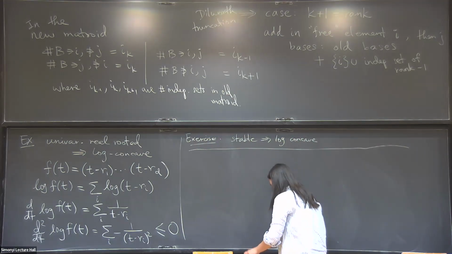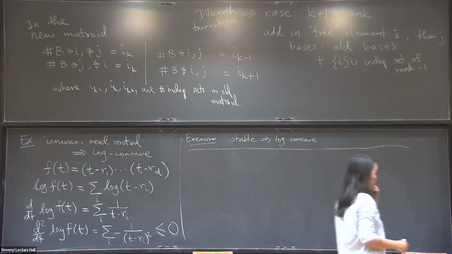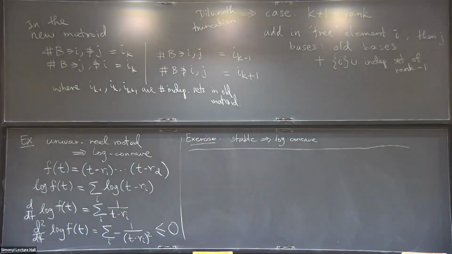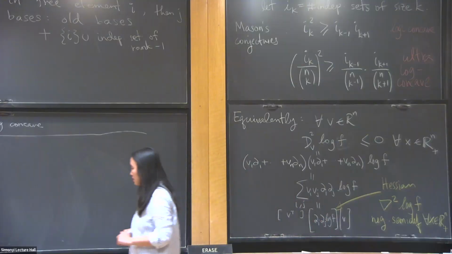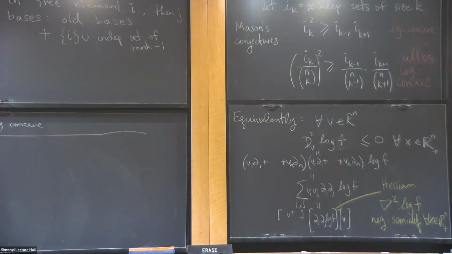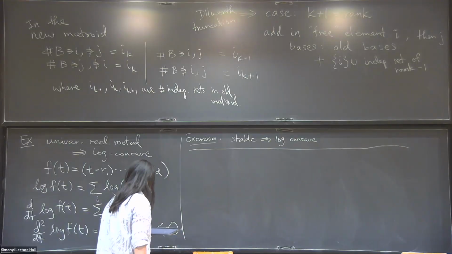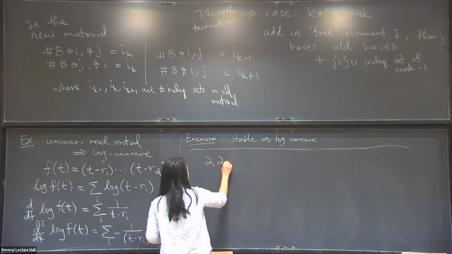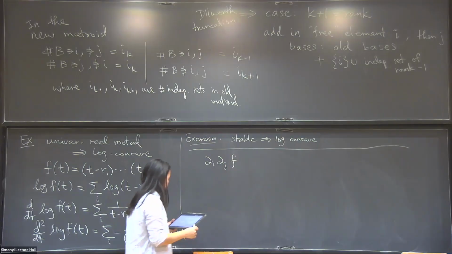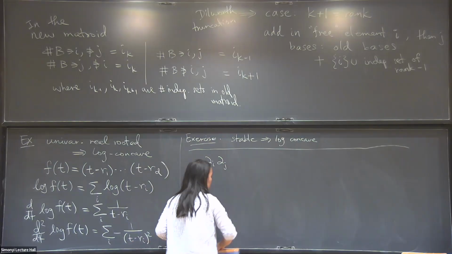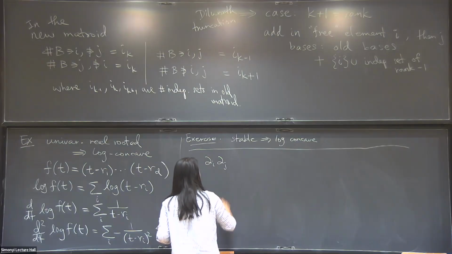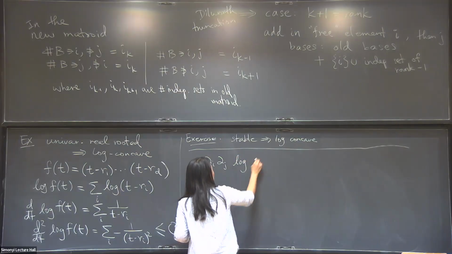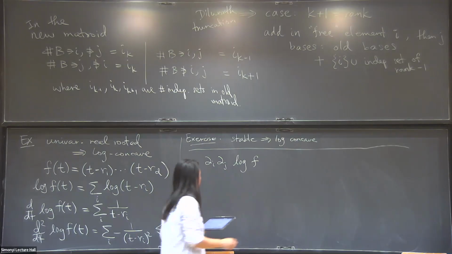So right now, the next thing I want to do is to rewrite this Hessian of log f to get rid of the log. Each entry in the Hessian looks like this, this is the entry ij.